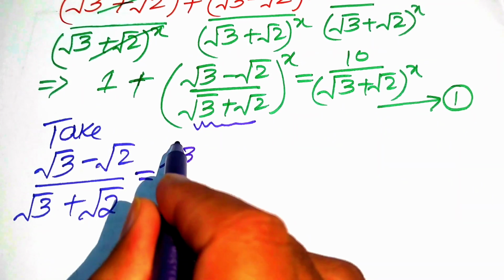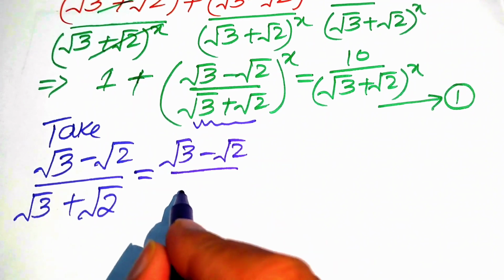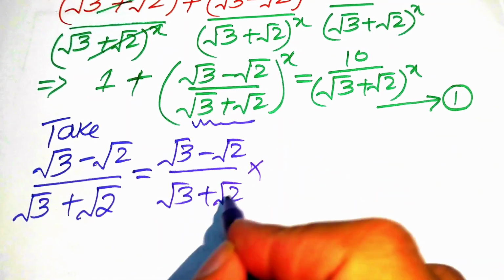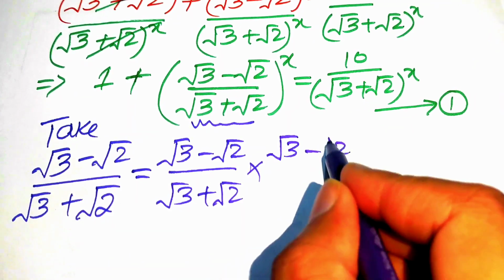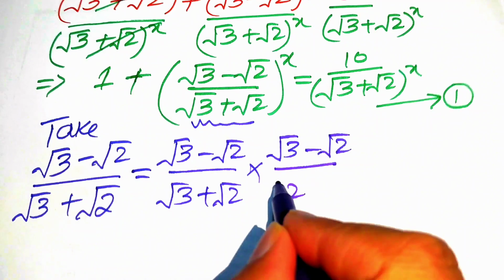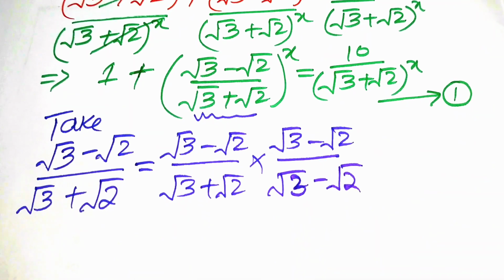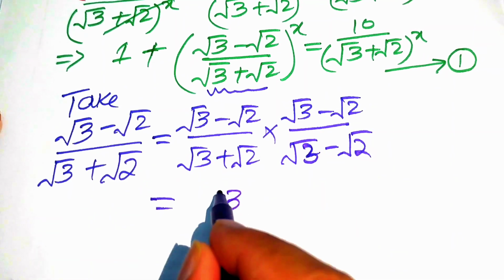It will be written as (√3 − √2) divided by (√3 + √2), and we multiply by the conjugate of its denominator, which is (√3 − √2) over (√3 − √2).